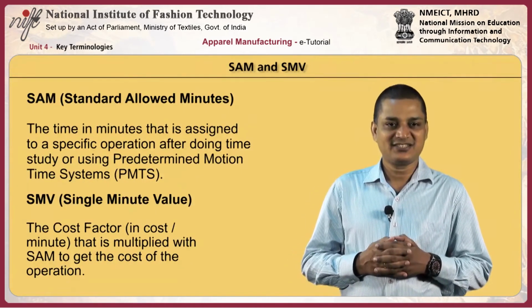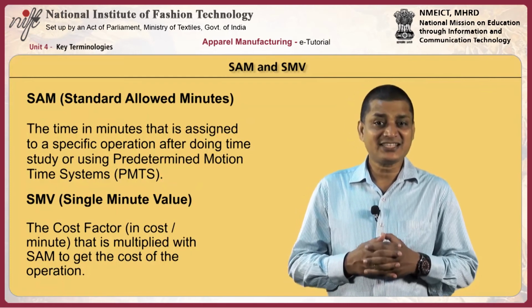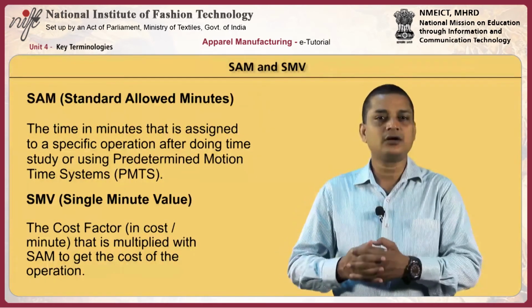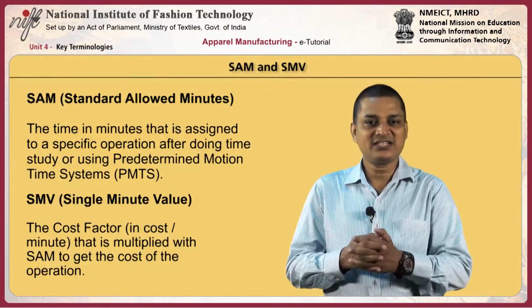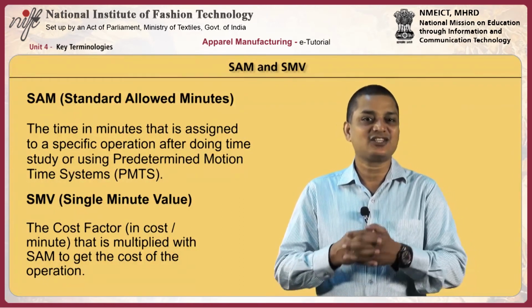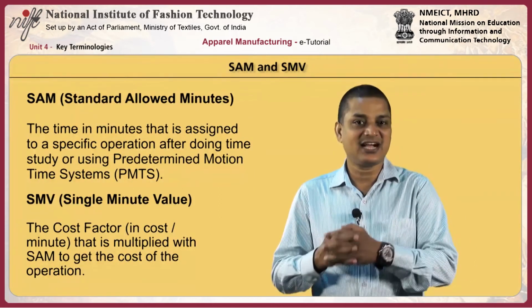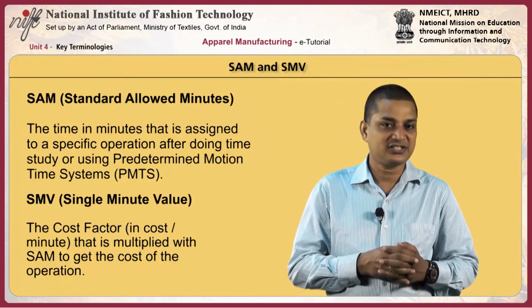Standard allowed minutes, SAM, means the time in minutes assigned to a specific operation after doing a time study or using predetermined motion time systems. While single minute value, SMV, means the cost factor in cost per unit that is multiplied with standard allowed minutes to get the cost of the operation.